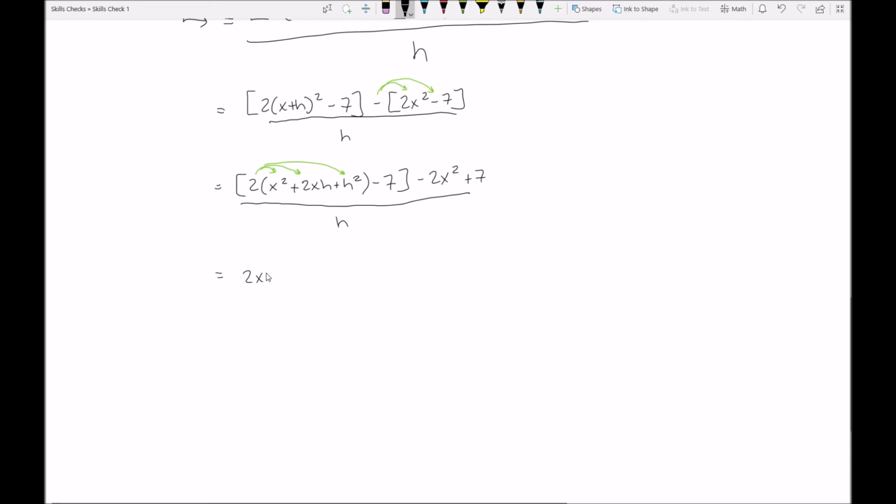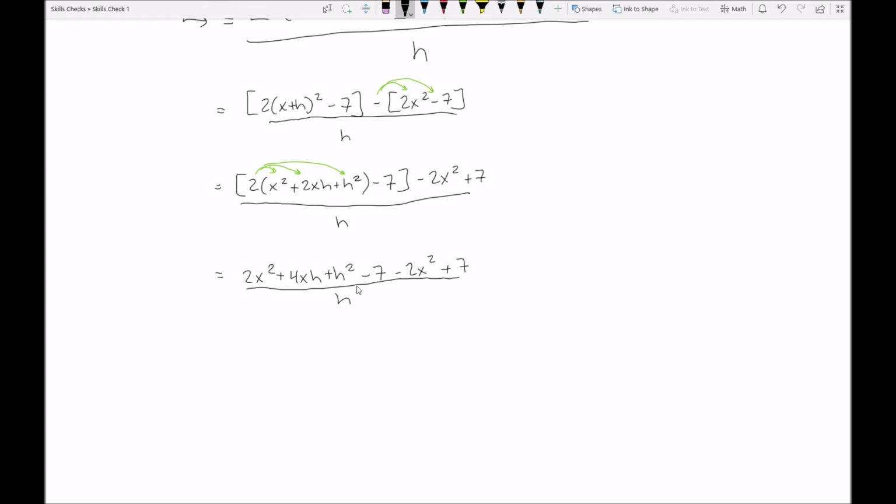So I'm going to have 2x squared plus 4xh plus 2h squared minus this 7. Notice right now I'm going to drop these big brackets because I don't really need them. And I'm going to have minus 2x squared plus 7. All I'm doing right now is just trying to simplify this down as much as I can.